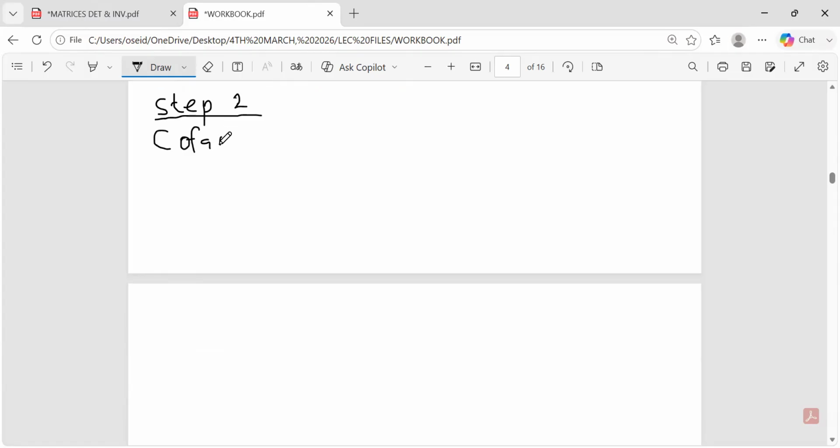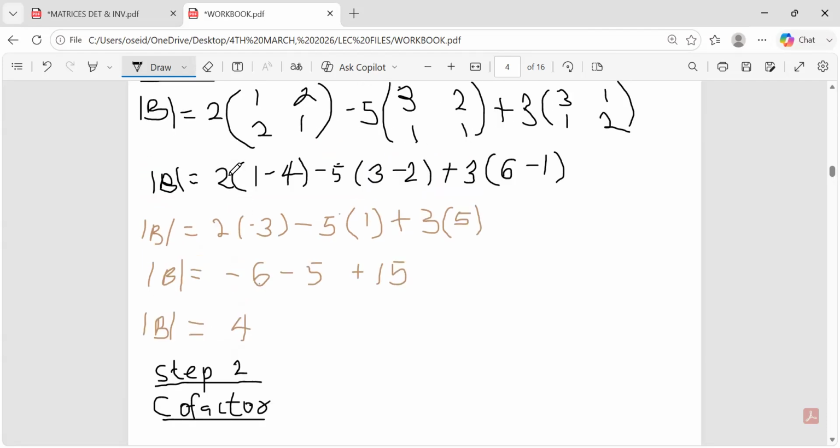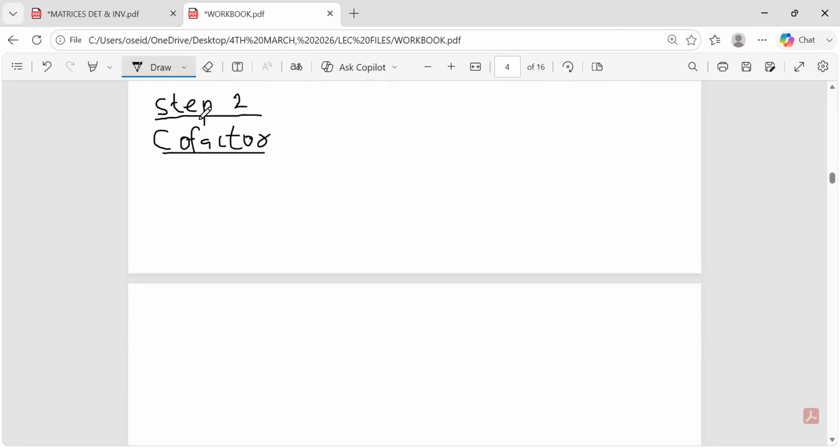Because this is a 3 by 3 matrix. Assuming it was to be 2 by 2, we could have found the adjoint. With the cofactor, we are following the same procedure we used to solve the determinant. But this time around, we will not have any scalar. So let's see how it is done.